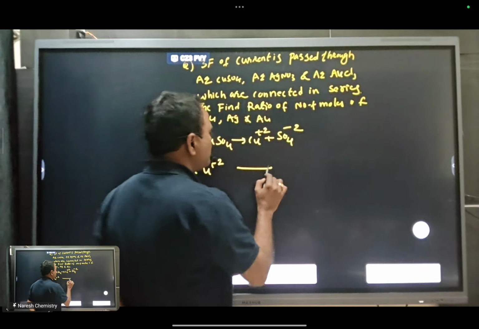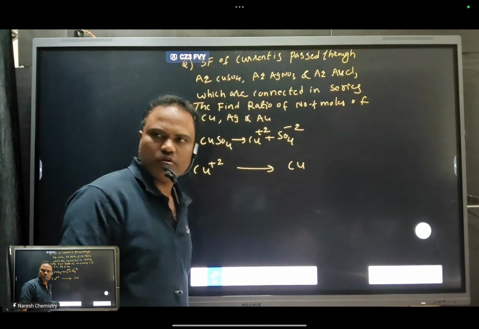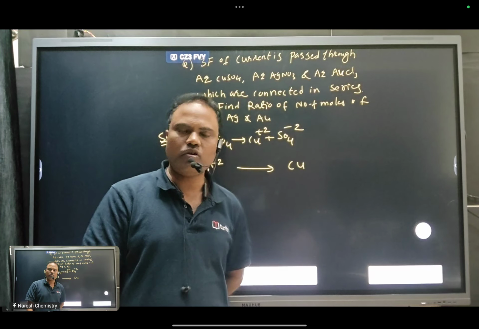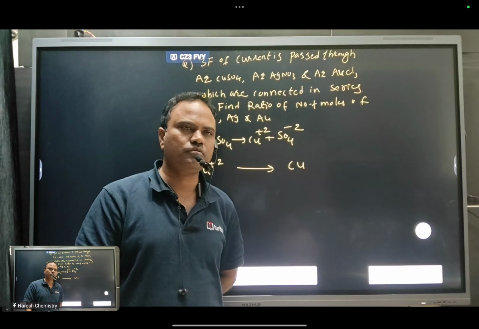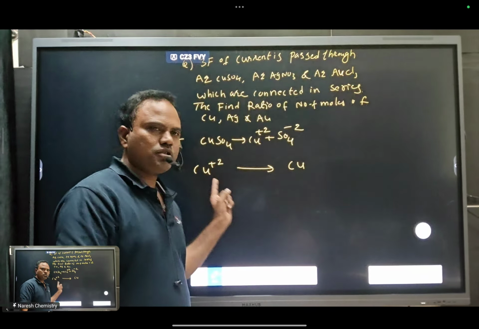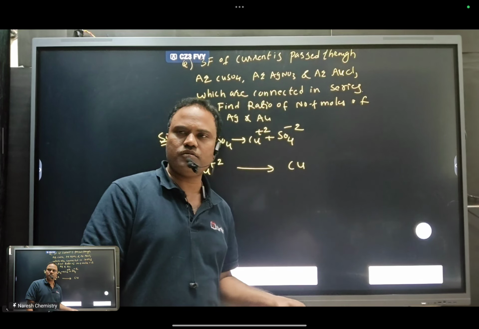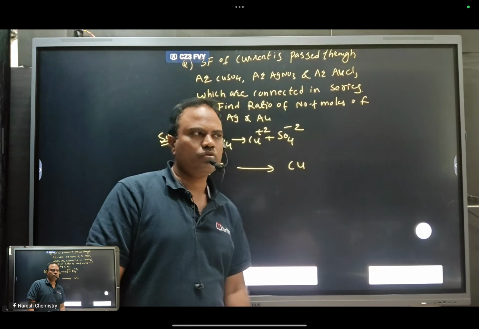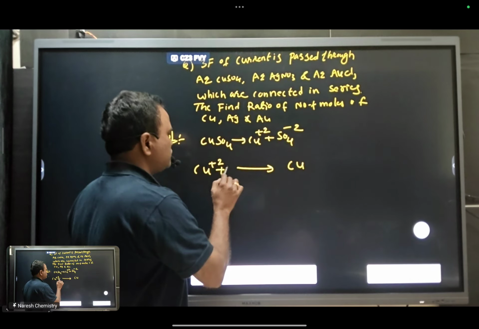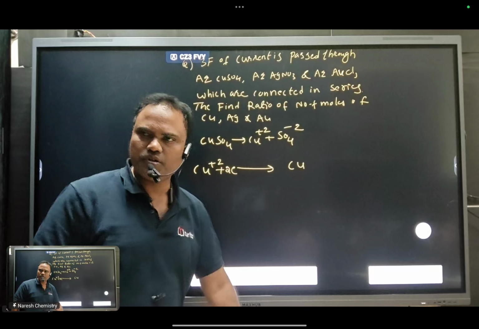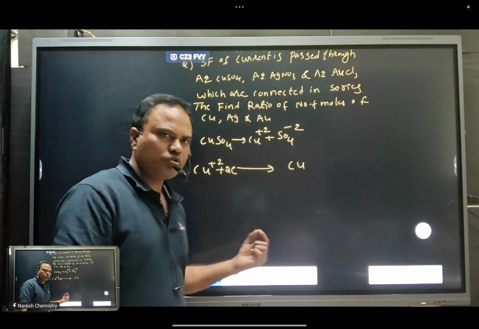You tell me, to deposit 1 mole of copper, how many moles of electrons should we use? What is the charge on the copper? Plus 2. So to get 1 mole of copper, how many electrons? 2 electrons, 2 moles of electrons.